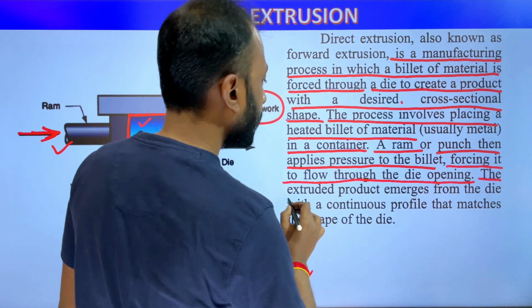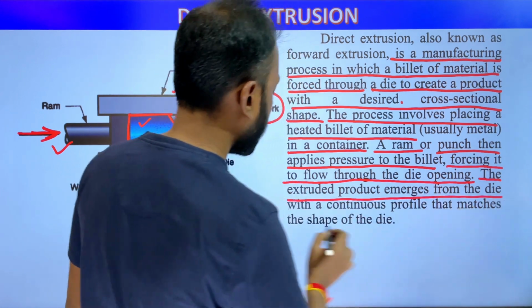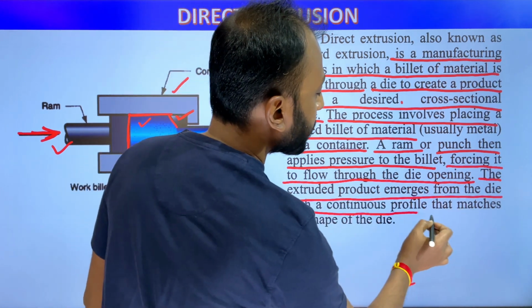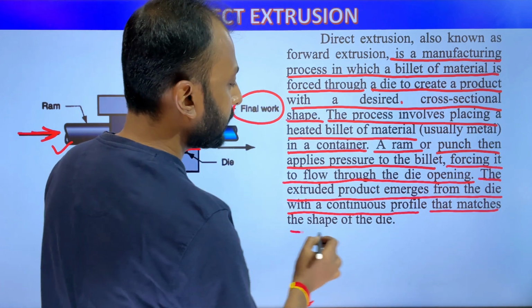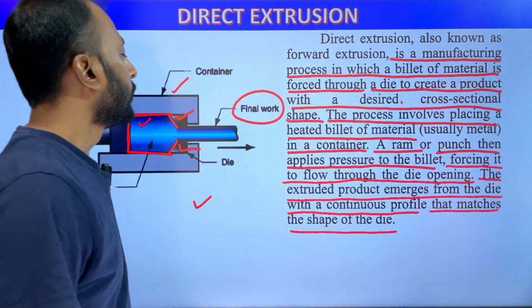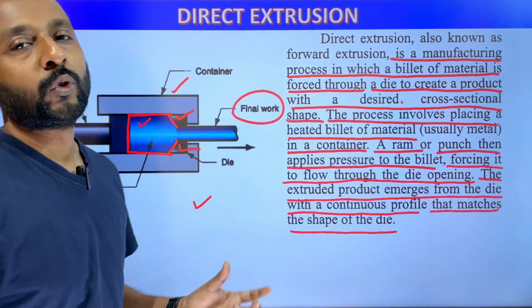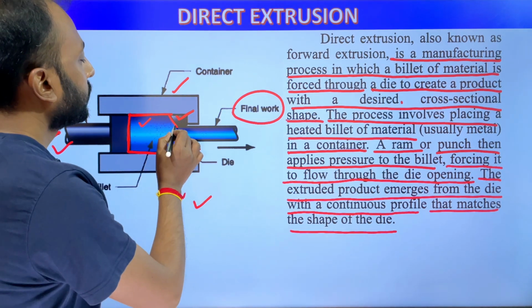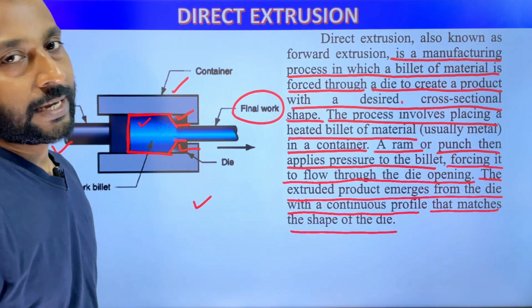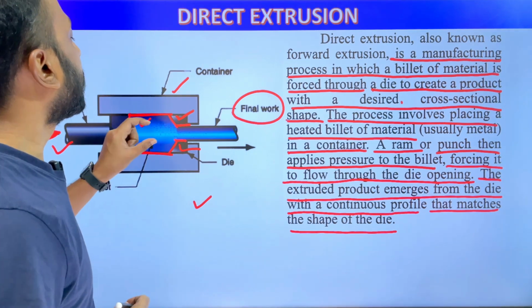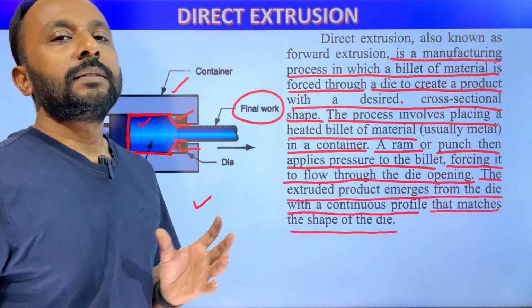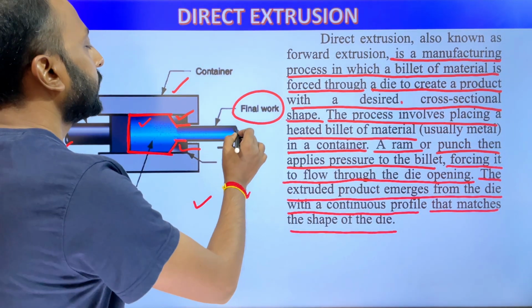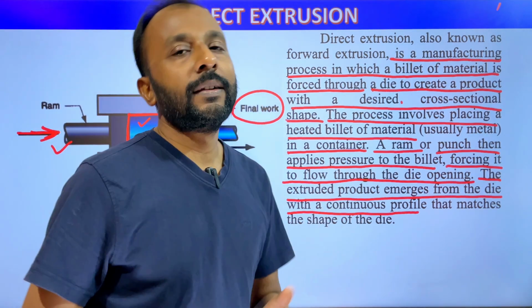The extruded product emerges from the die with a continuous profile that matches the shape of the die. So when we are getting the product, the profile of the product must be matched with the die opening. So here the die opening plays an important role for the shape of the product. So this is direct extrusion process.